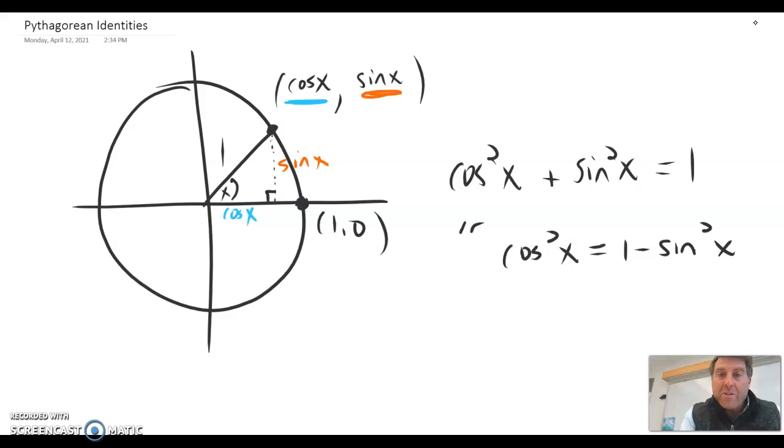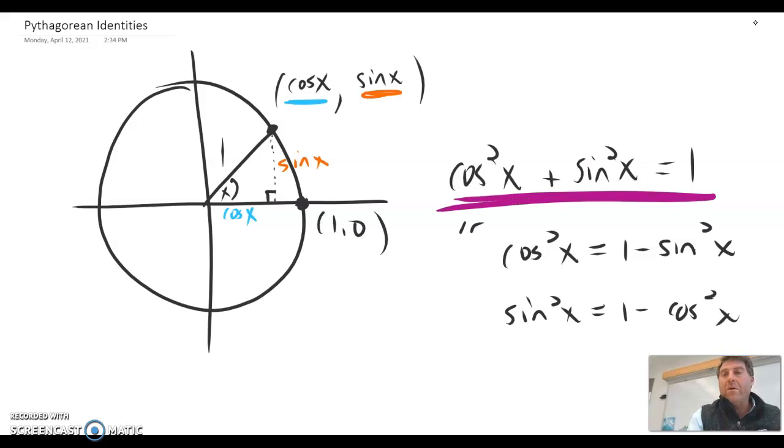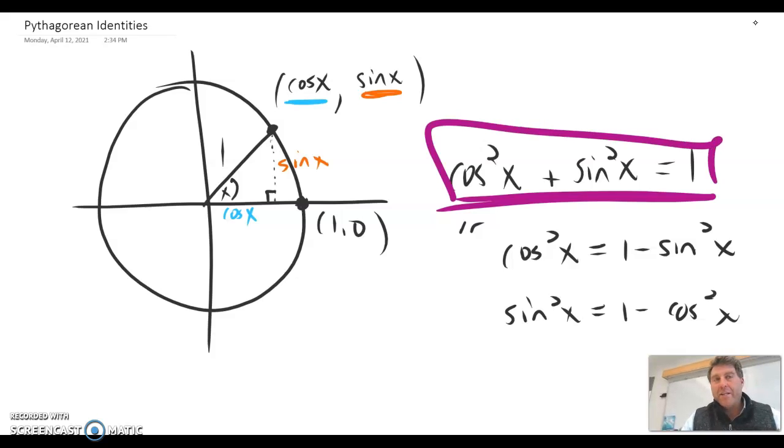Or if we start with the original cosine squared plus sine squared equals 1 and subtract cosine squared, we can isolate the sine squared. Okay? So these are all equivalent expressions, equations really, all of which come from the original Pythagorean identity. Cosine squared, the blue, plus sine squared, the orange, equals the hypotenuse squared, 1. Okay? So this is one of several Pythagorean identities.